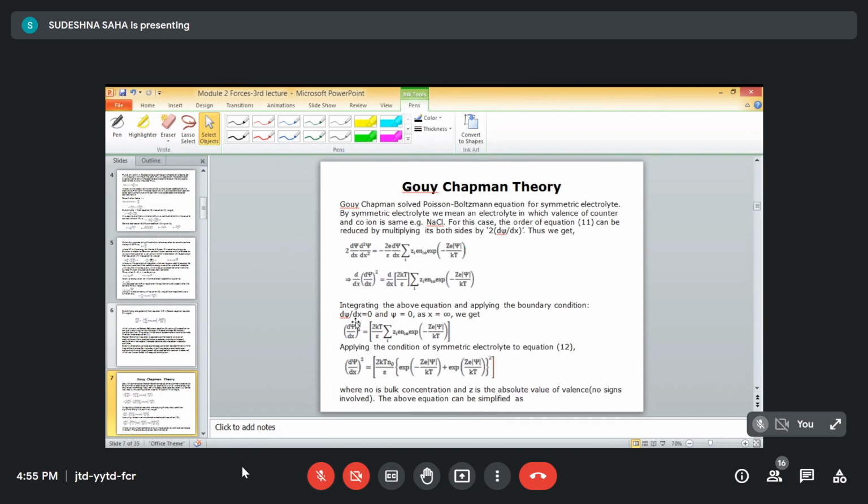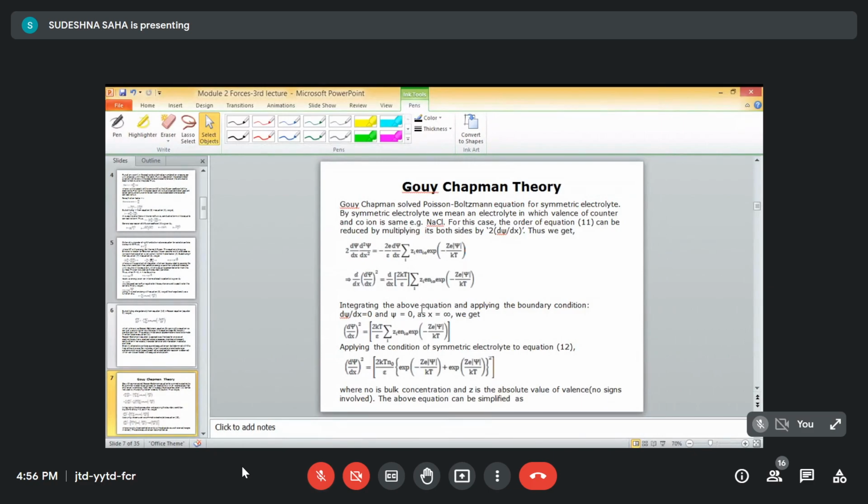Now if you integrate this equation and apply the boundary conditions, dψ/dx equals 0 and ψ equals 0 as x goes to infinity, and at x equals 0, ψ is ψ naught.